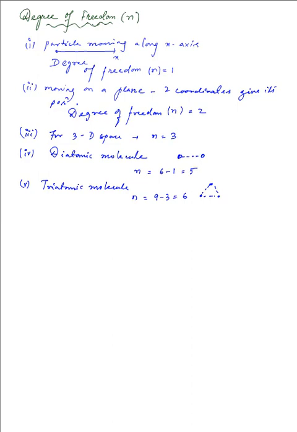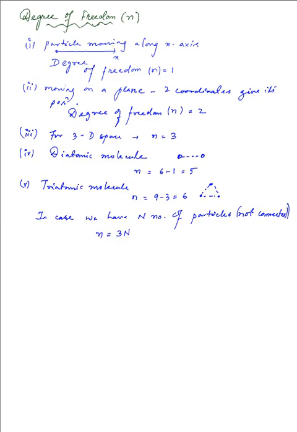So in general, if we are considering n number of independent, not connected particles, then the degree of freedom is simply 3n.